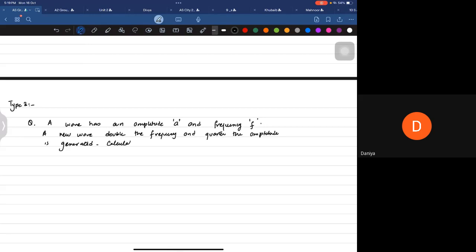Calculate the new intensity in terms of I. That's the question.